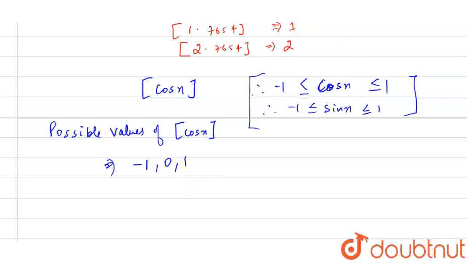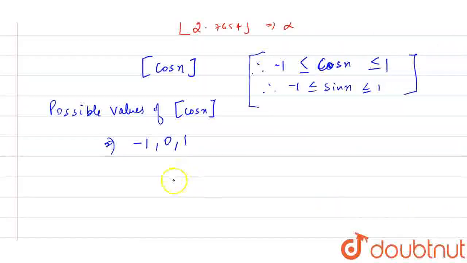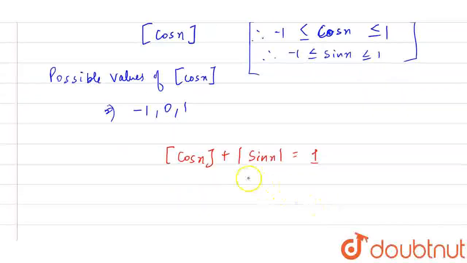The equation given to us is greatest integer function of cos x plus mod of sin x equals 1. Now we have three possible values, so we have three cases.